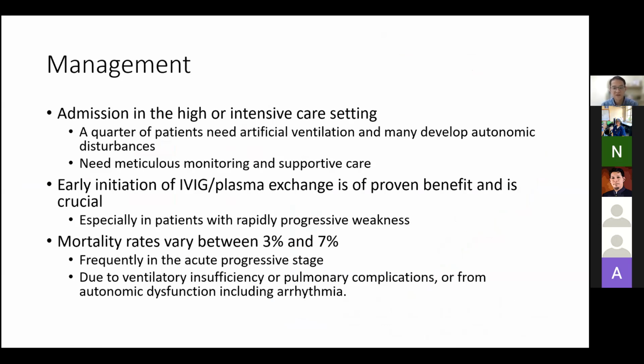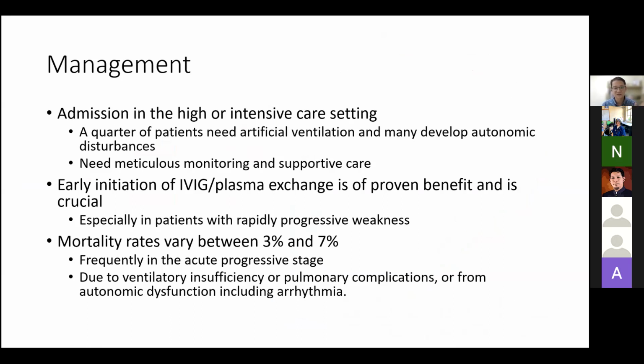You start them on IVIG or give plasma exchange, which is the proven treatment for Guillain-Barré syndrome. Although the mortality is not high, about 3 to 7%, by right no one should die because of Guillain-Barré syndrome, because this condition is treatable.